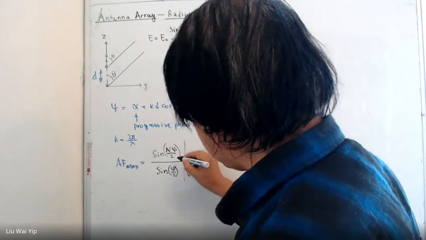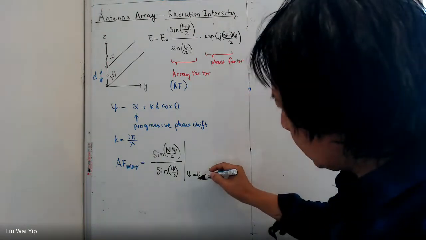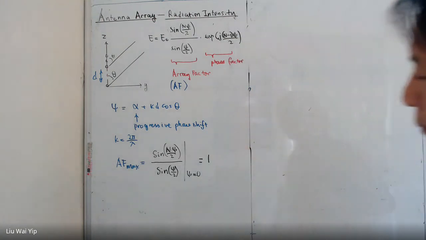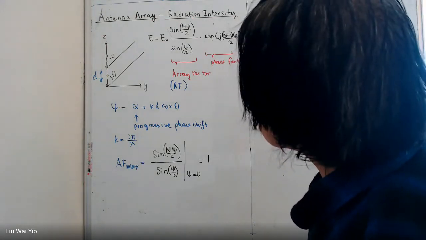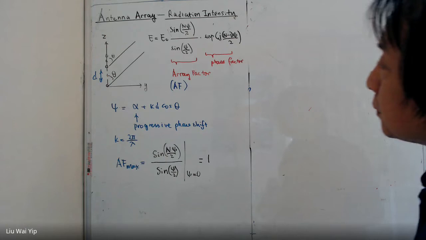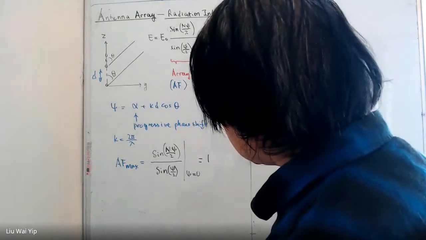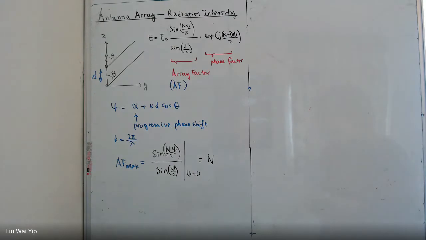If you work out carefully, when psi is equal to 0, this one will eventually end up with n. I'm sorry about that.